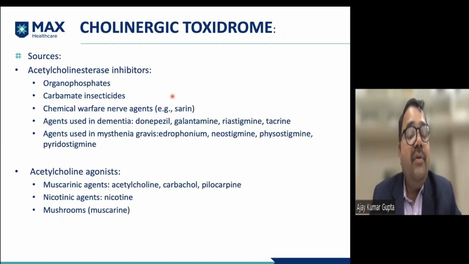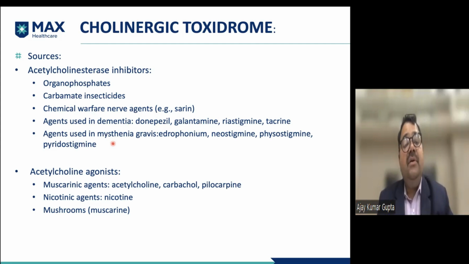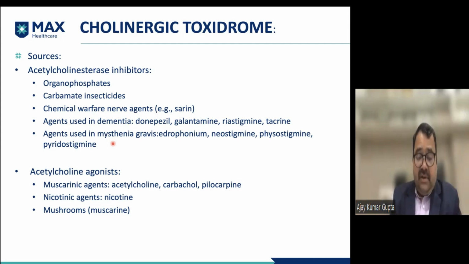So now coming to the sources of this toxidrome, we have the acetylcholinesterase inhibitors like the organophosphates, carbamate insecticides, the chemical warfare nerve agents like sarin, and the agents which are used in dementia like donepezil, galantamine, rivastigmine, tacrine, and also the drugs used in myasthenia gravis treatment like edrophonium, neostigmine, physostigmine, and pyridostigmine.